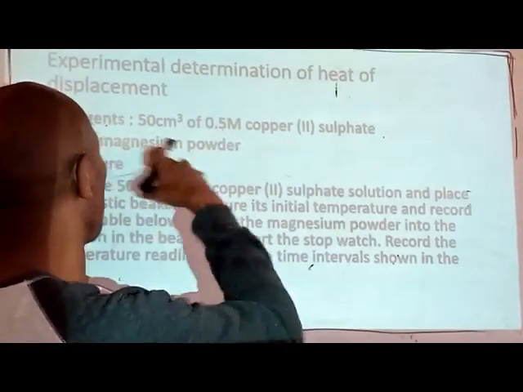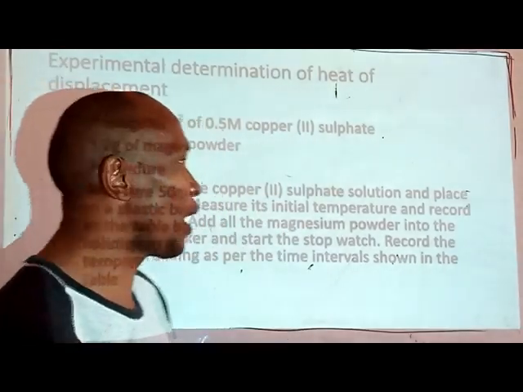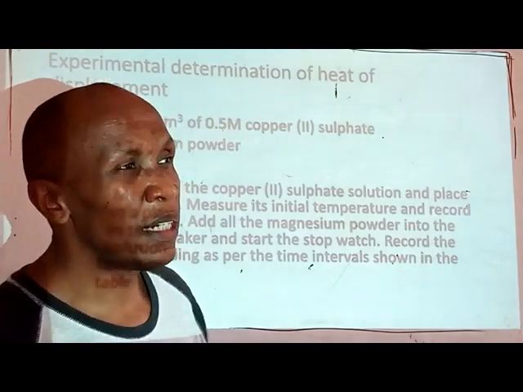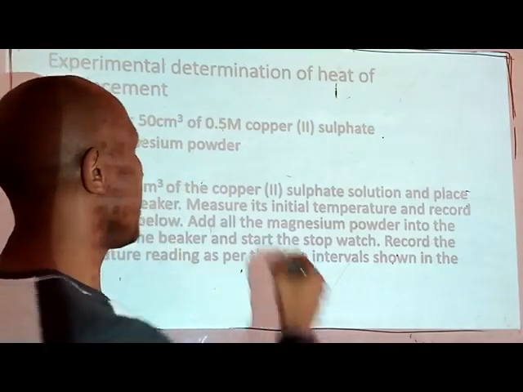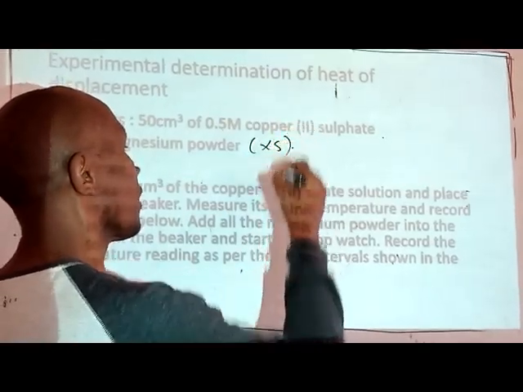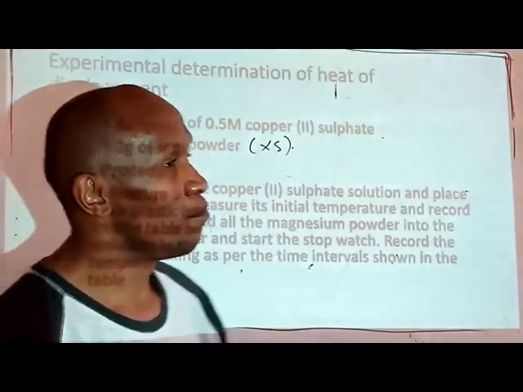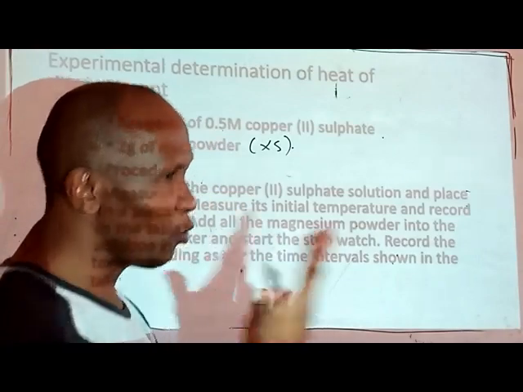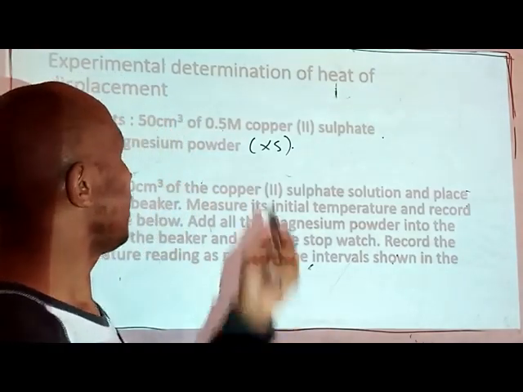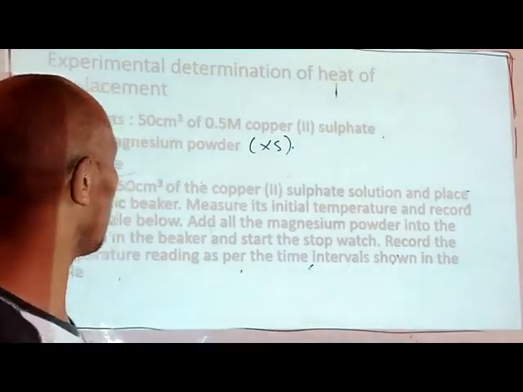I'll displace it with magnesium. I'll use 2 grams of magnesium, and it is going to be in excess, so I don't have to calculate. I've already been told that magnesium is in excess, but you can still work it out and confirm that the magnesium is actually in excess.